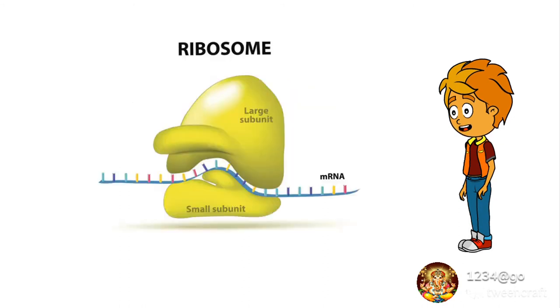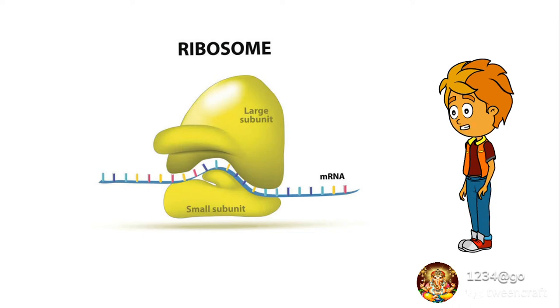Ribosome. They are minute, dense, spherical, and granular particles that occur freely in the cytoplasm. They may remain attached to rough endoplasmic reticulum.